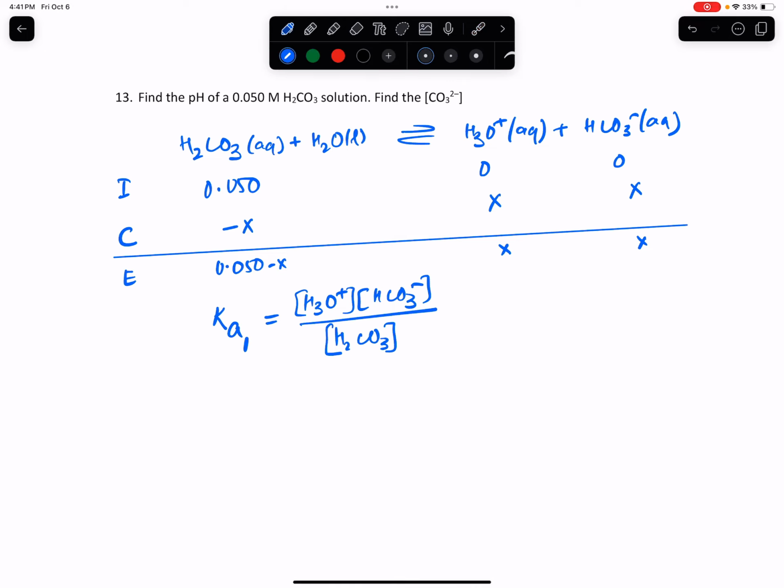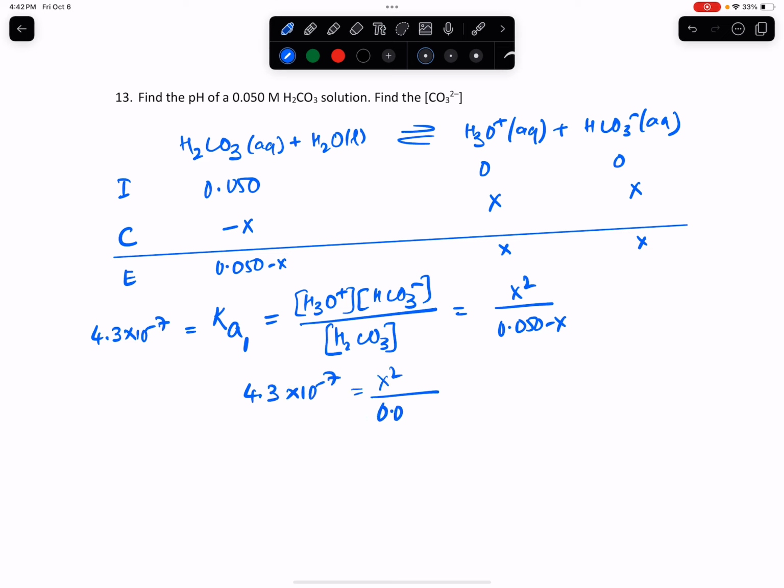So if you plug that in, we get x squared over 0.050 minus x. Now Ka we have to pull from a table. Ka1 is equal to 4.3 times 10 to the negative 7. So we have 4.3 times 10 to the negative 7 is equal to x squared over 0.050 minus x.